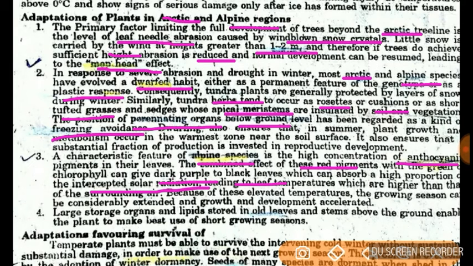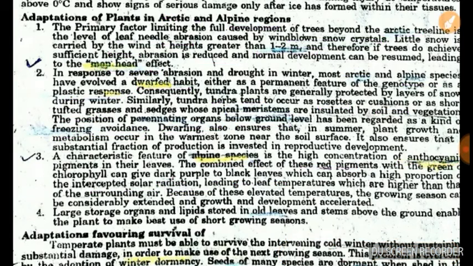Okay, so these are all the adaptations. So here this thing is very important, that is the anthocyanin is present in the alpine species. Now we will see some more facts.